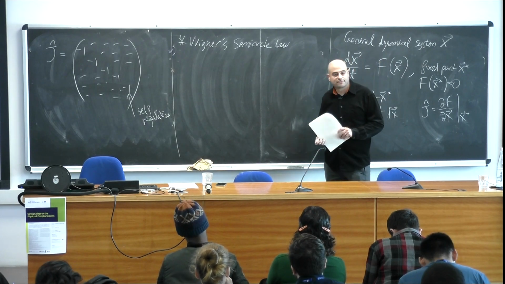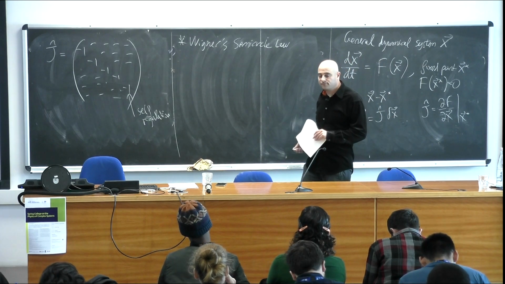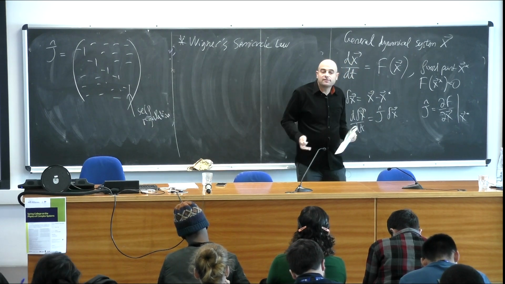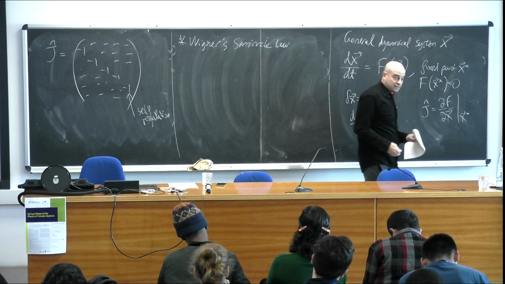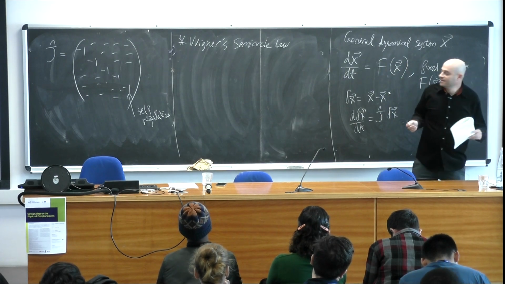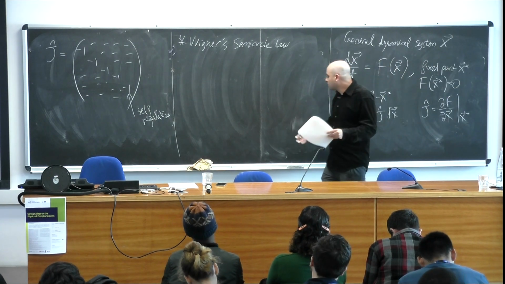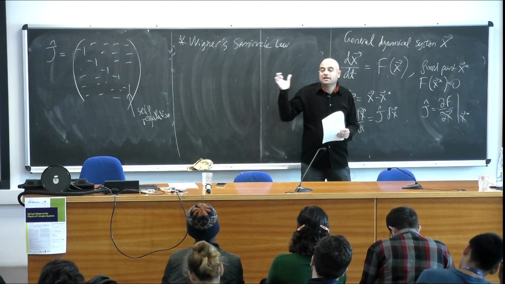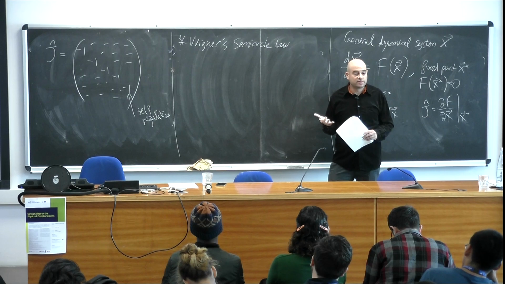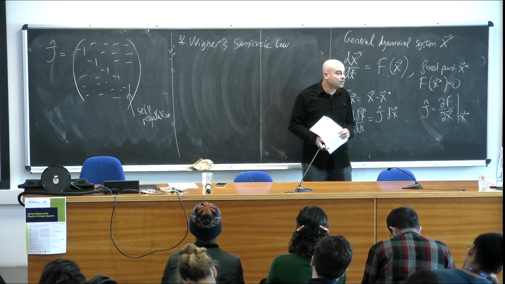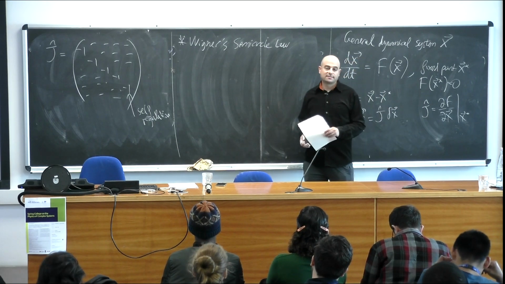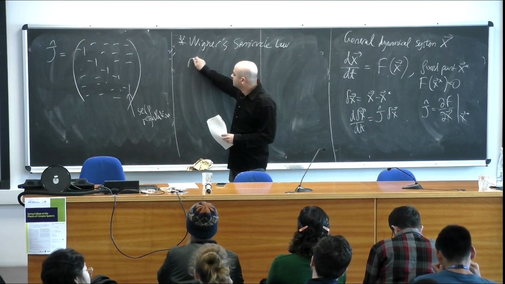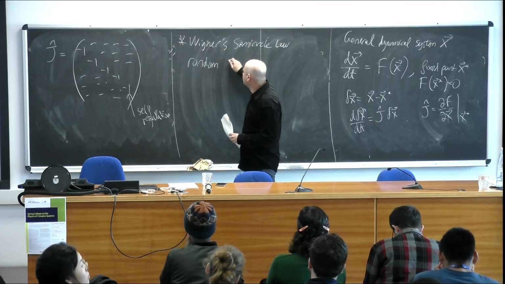Eugene Wigner was a quantum physicist, and way back in the 1950s, when they tried to work out the spectra of these heavy atoms, like for example uranium. There are lots of protons and lots of neutrons, and they really had no way of working out the elements of the Hamiltonian. So he said, well, let's pretend that the Hamiltonian has random matrix elements, right? So it's a random Hamiltonian.